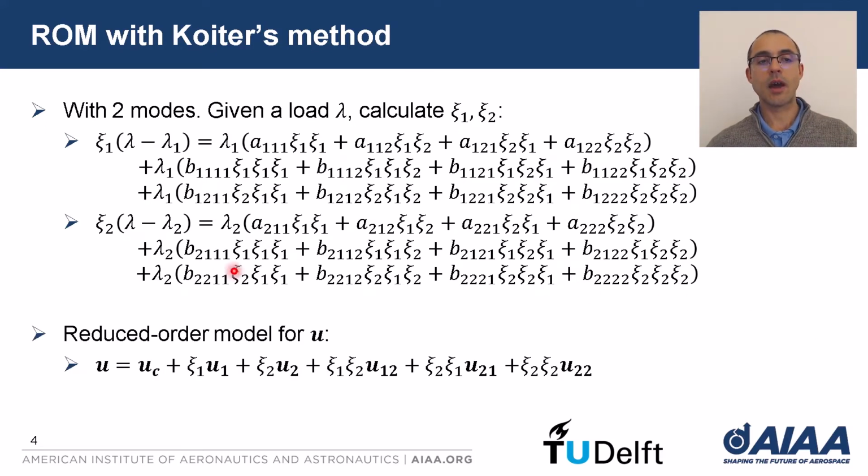With now psi1 and psi2 calculated, we can build our reduced order model for the displacement field U. And given that we know the pre-buckling state, which was calculated with a linear or nonlinear static analysis, we are now ready to calculate our displacement vector at the desired load level lambda.